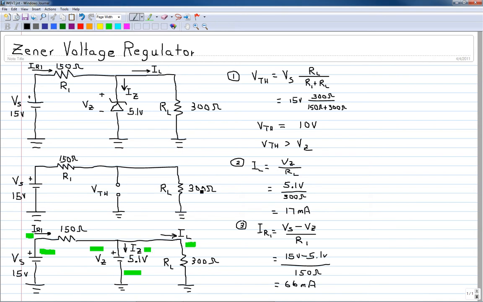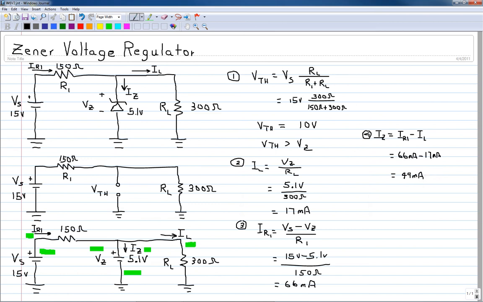Using Kirchhoff's current law, I sub Z is equal to I sub R1 minus I sub L. This is equal to 66 milliamps minus 17 milliamps, which yields a Zener current of 49 milliamps.